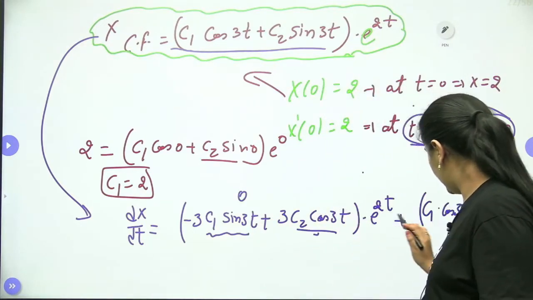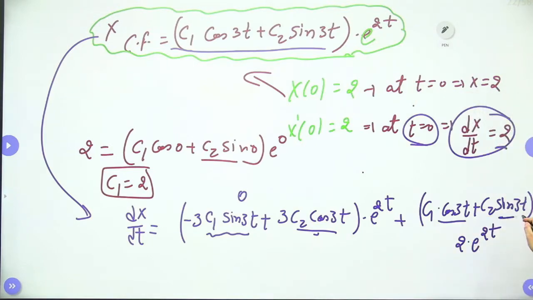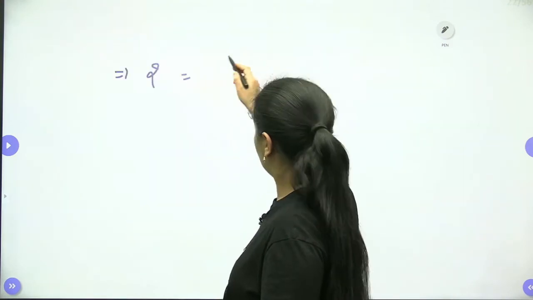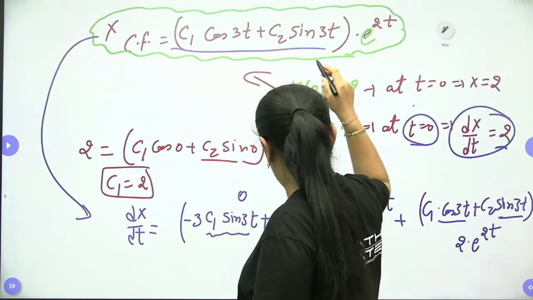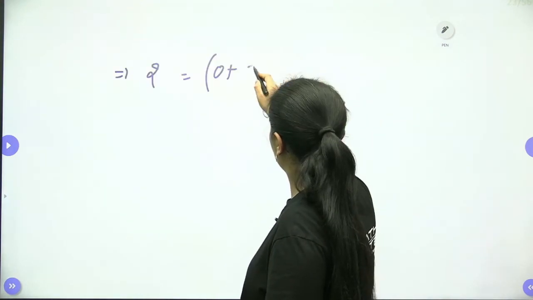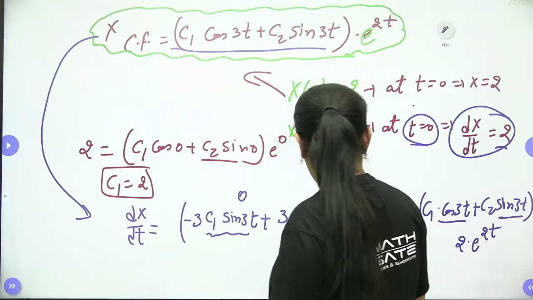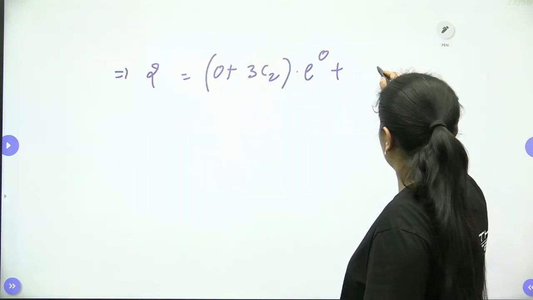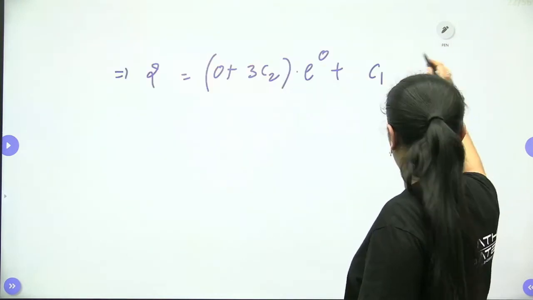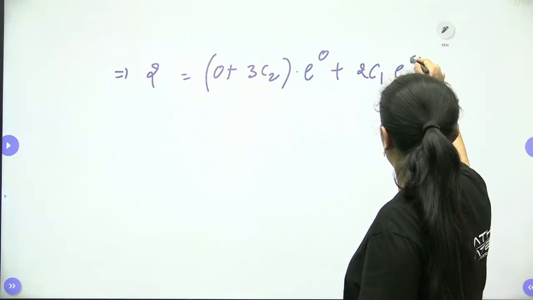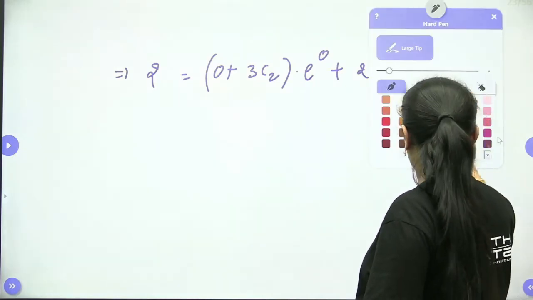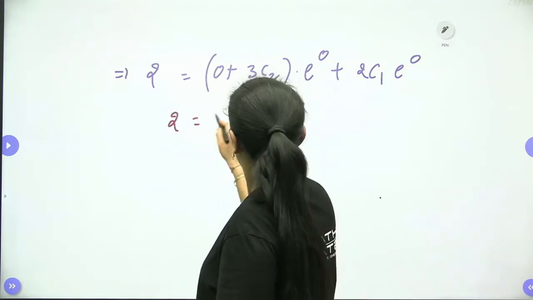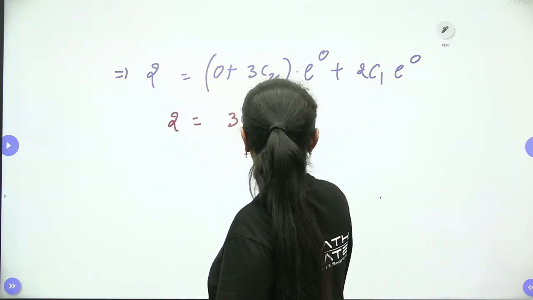Let me write down here: 2 is equal to 0 plus 3c2 into e to the power 0 plus c1 into 2 e to the power 0. e power 0 is 1 only. So it will be 2 is equal to 3c2 plus 2c1.